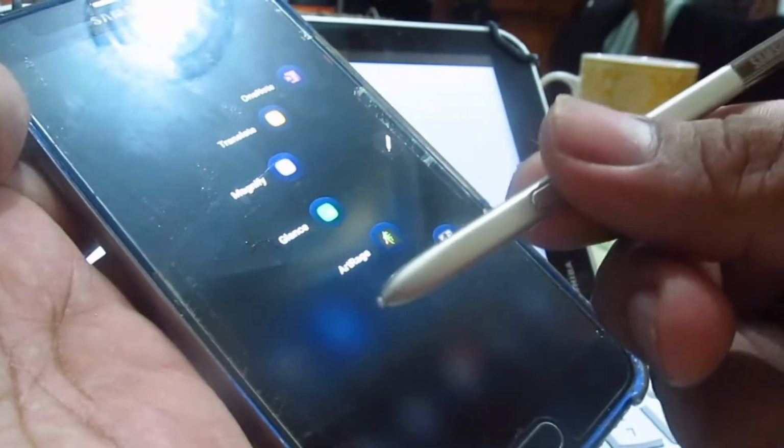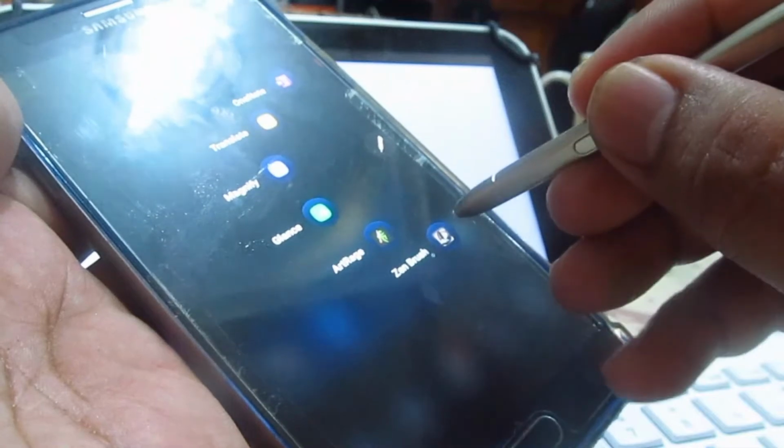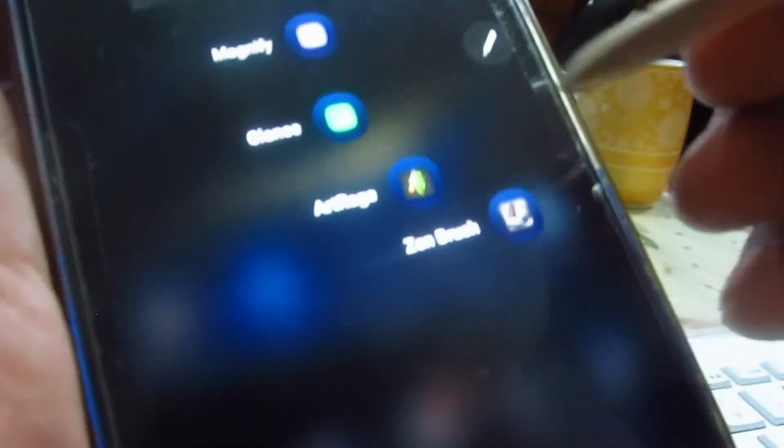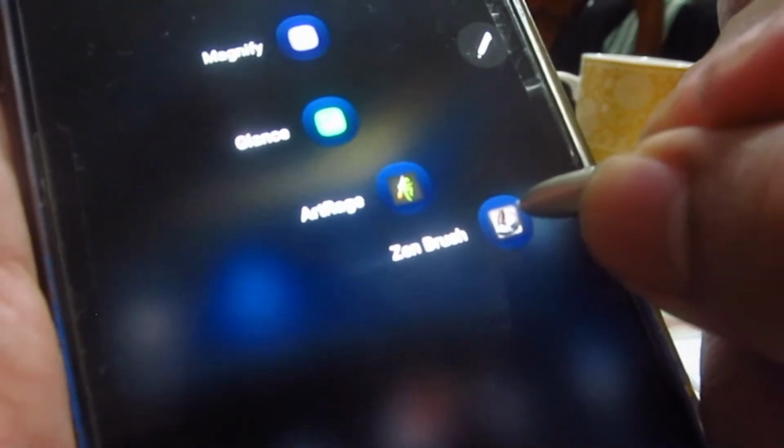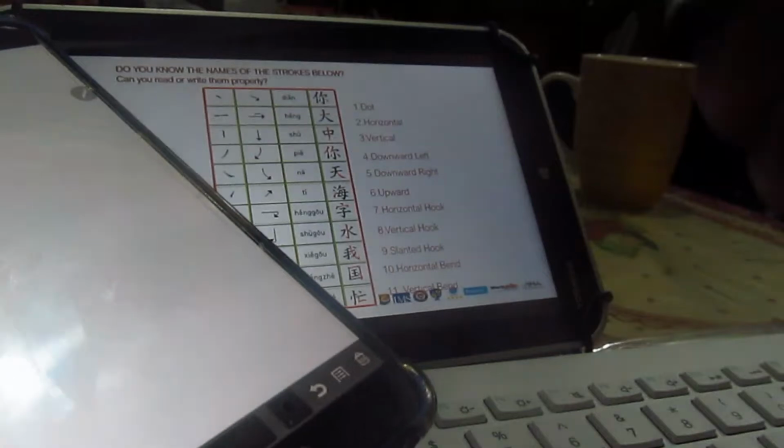So take advantage if you have a phone like this. On my phone, I downloaded the app called ZenBrush, wherein I practice writing Chinese characters using the S Pen. So let's review.